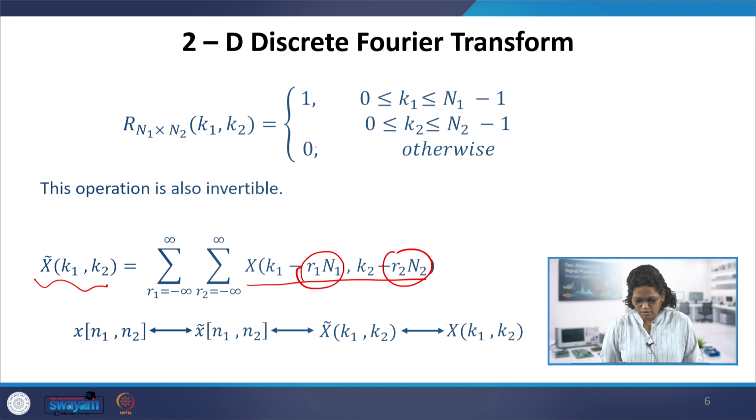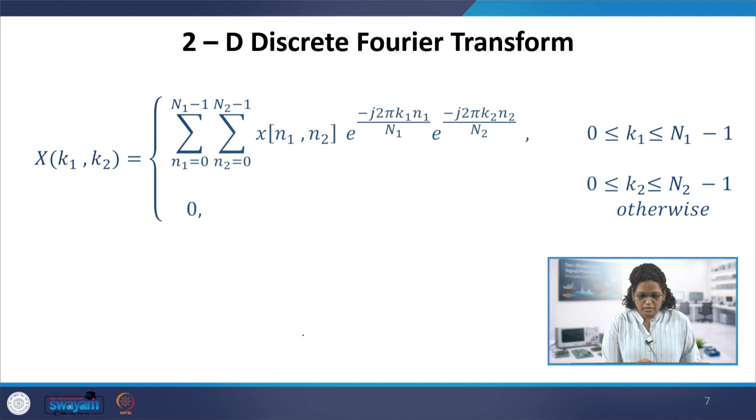If we know this x of k1 comma k2, we can get back x tilde of k1 comma k2 also by multiplying and summing in this fashion. So it is possible to go from one to another in both ways, that is the finite sequence and its periodic one, and then the finite sequence in the frequency domain and its periodic one. So these are related with the Fourier series.